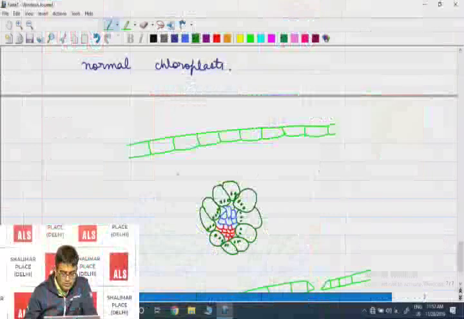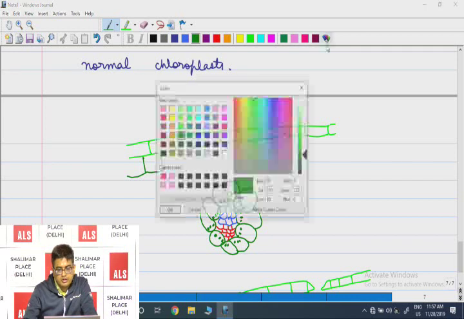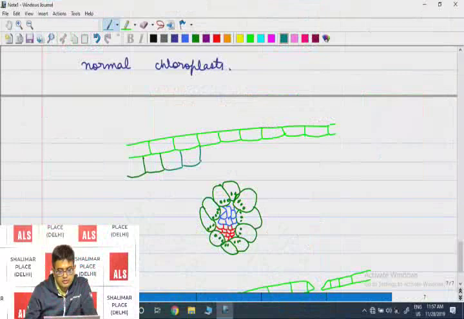Now let me draw the other type of cells, which are the mesophyll cells.